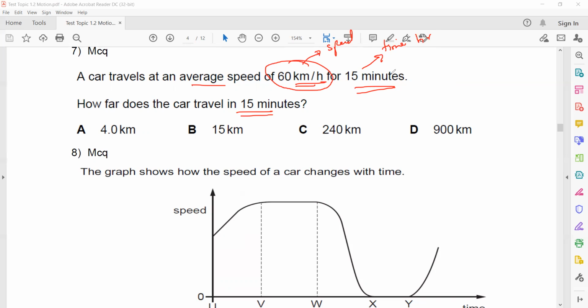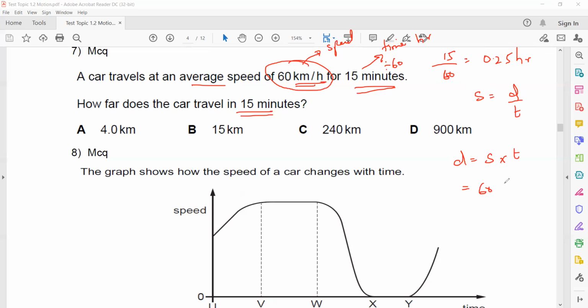So how do we convert the minutes into hours? We divide by 60. So 15 divided by 60 equals 1 by 4, or 0.25. So we have 0.25 hours, and now we need the distance. The formula is speed equals distance divided by time, so distance will be speed multiplied by time.